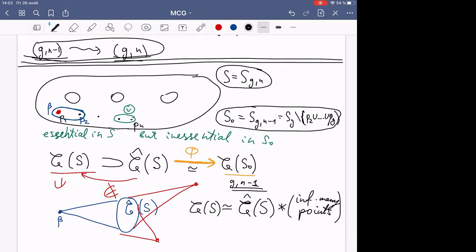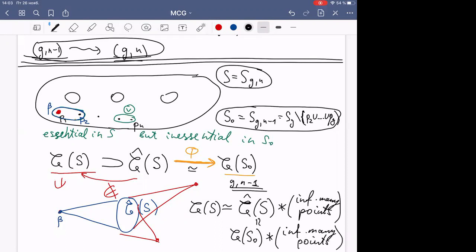So this is a discrete topological space consisting of infinitely many points. But up to homotopy equivalence, this is the same as C of S0, since we have proved that phi is a homotopy equivalence, the same infinitely many points here.